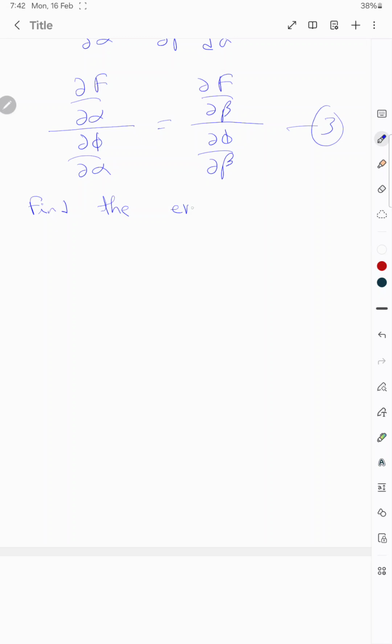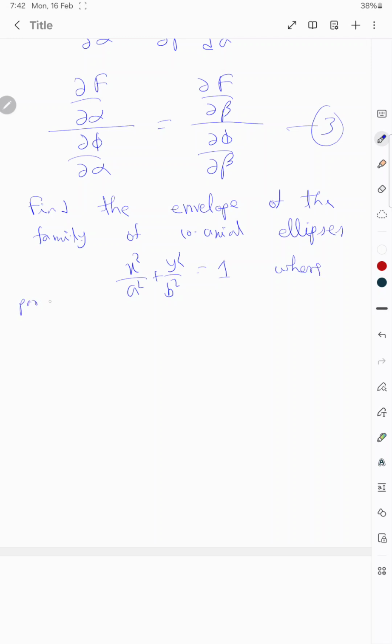Find the envelopes of the family of coaxial conics x square by a square plus y square by b square equal to 1, where parameters a, b are connected by a to the power n plus b to the power n equal to c to the power n.